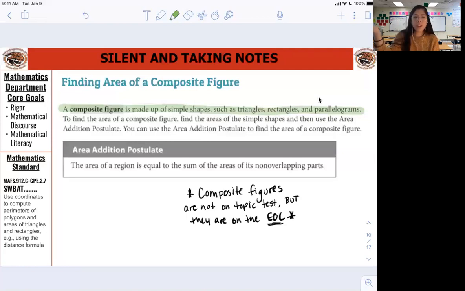And the area addition postulate just basically says that the area of a whole region is the sum of all of the mini areas you find inside of it. Now, I know that seems like a lot. We're going to do an example. It's actually not that hard. All right. Take another 30 seconds to write down just the part that I highlighted.